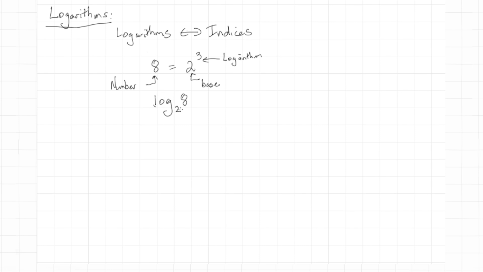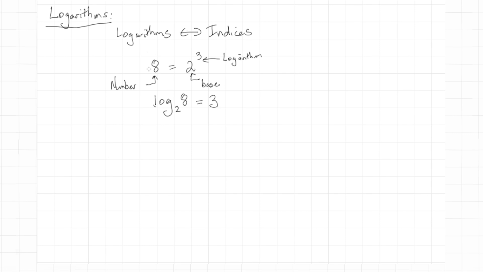What is the power I must raise 2 to get the number 8? 3. So the logarithm is the power, this is the base, and this is the answer that I want to get. So if I raise 2 to the power of 3, of course I will get 8.